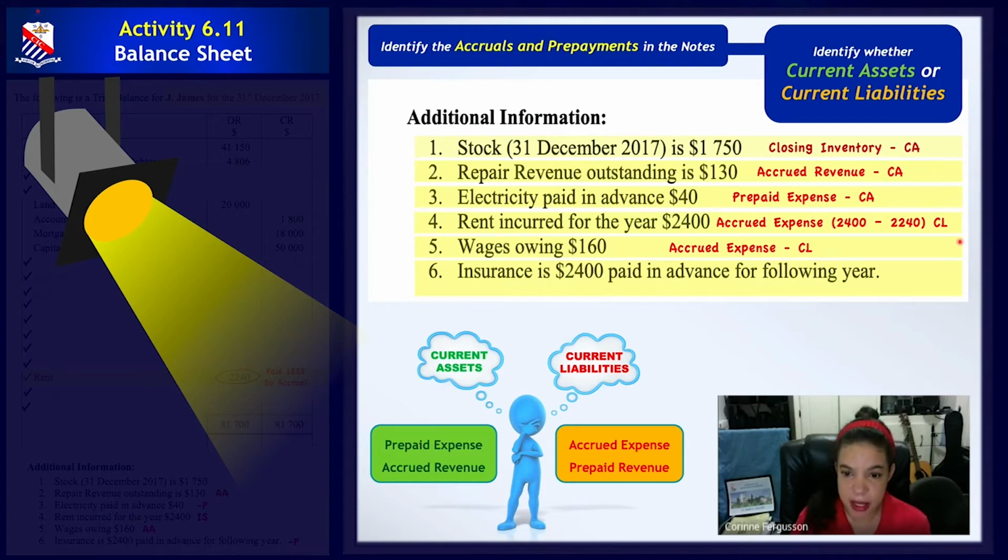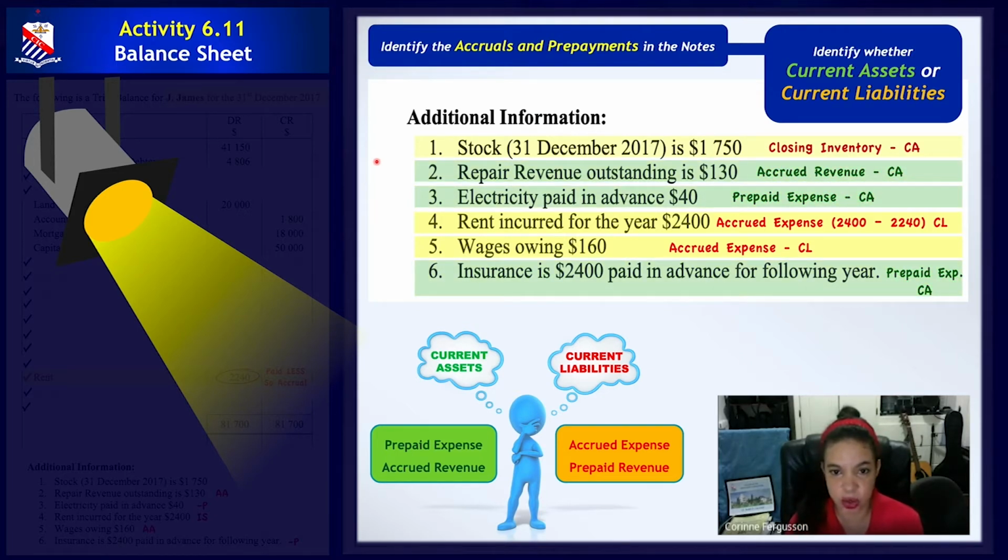Insurance is an expense. So you have a prepaid expense, and a prepaid expense is a current asset. Right, so we have our notes here, and from our notes, what we would realize is that we have 3 current assets. We saw that change into green, so we will have that represent our current assets.